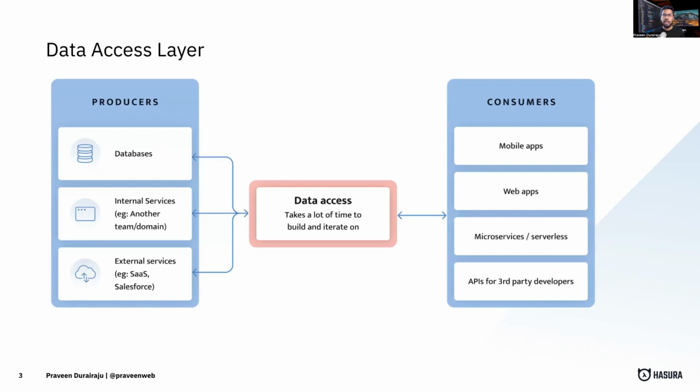Before we dive in, let's look at the data access layer problem, which is you have a lot of consumers, like your mobile apps, web apps, all of these different platforms, which need data from all of these sources. And by sources, I mean your databases, your services, your SaaS services. For example, you have a Stripe API for payments and search for a different service and whatnot.